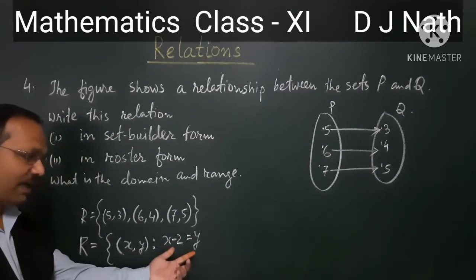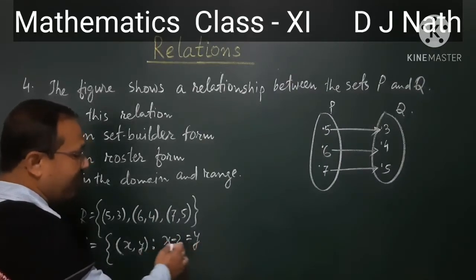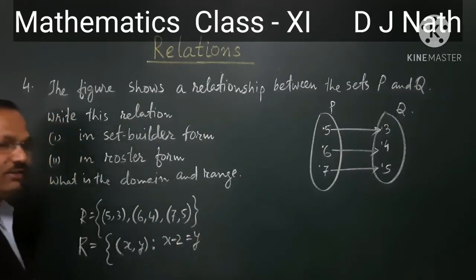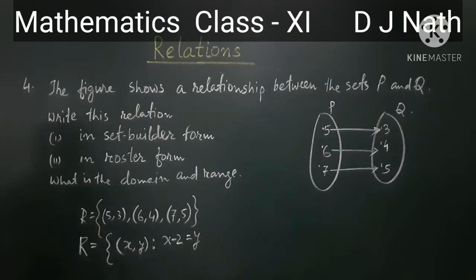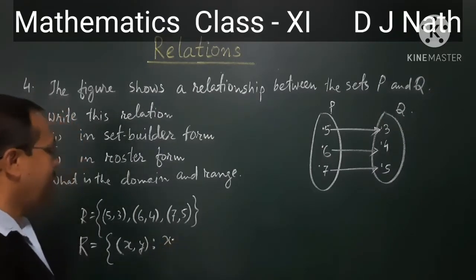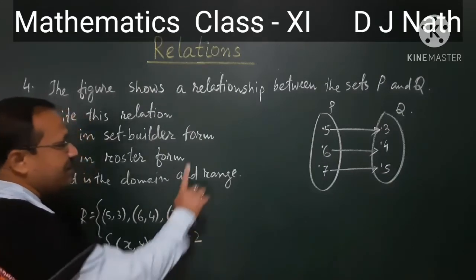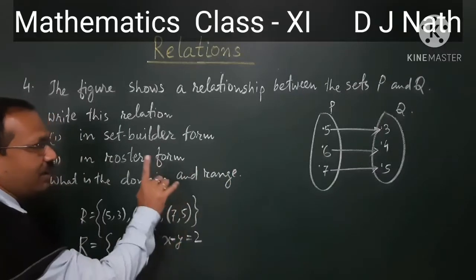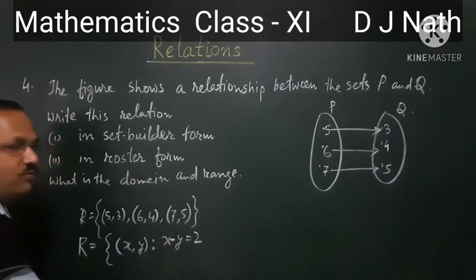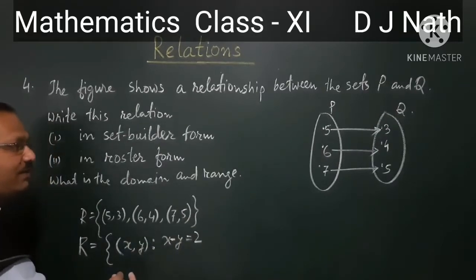Or another way can also be defined. If we write x minus y is equal to 2, that way also it can be. It is up to our choice. If we write x minus y is equal to 2, it means the difference between the domain and range element is 2.